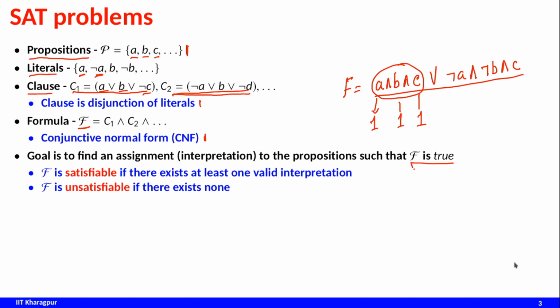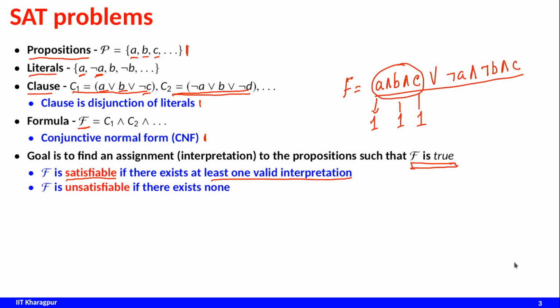So this is one of the most important problems that we need to address. If f is satisfiable, that means I can find at least one valid interpretation. Interpretation means some kind of assignment to those propositions or variables.